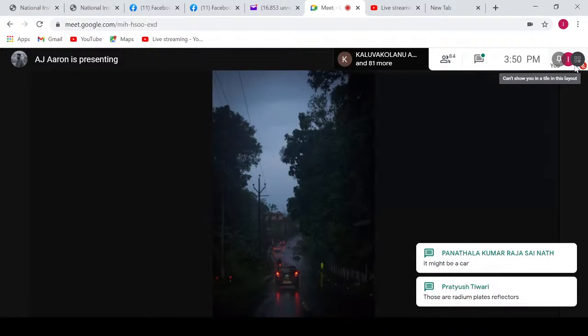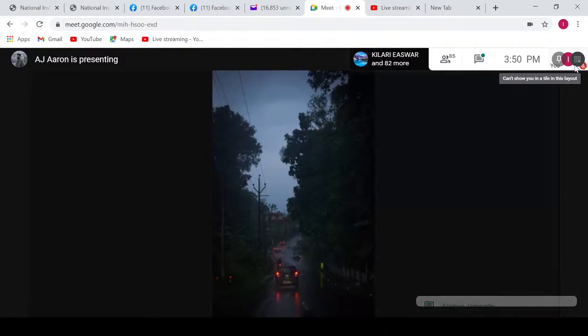I think the photo is taken inside the car, so the light is not hitting directly; I think there's a window in between. Yeah, I think that is the case. But the one who has taken the photo must tell us about this. Whose photo is this? Whose image is this? I think he's not online.